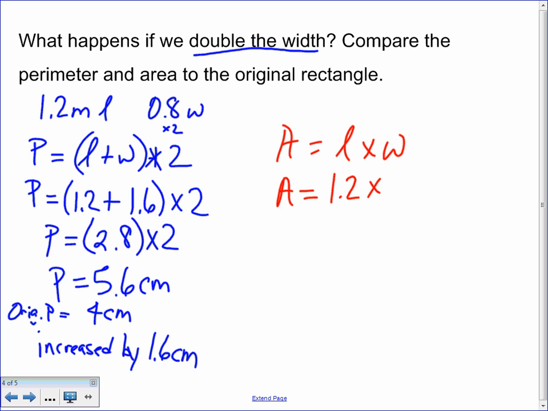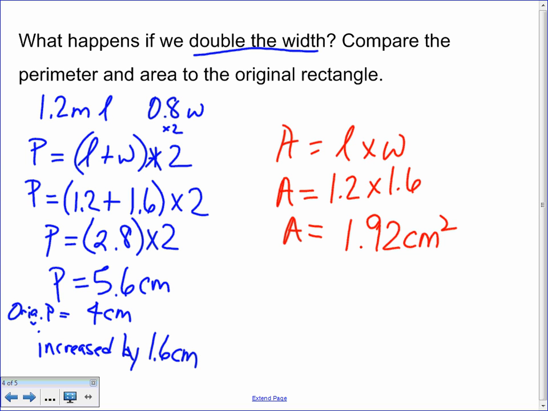My width is 1.6. So my area equals 1.2 times 1.6, which is 1.92 centimeters squared.